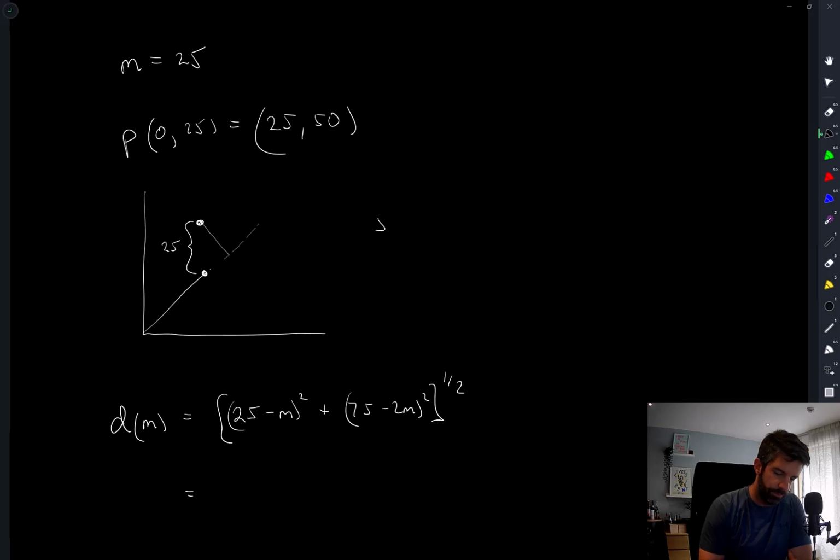What is root 53 times 2? It's greater than root 50 times 2, which is 2 times root 2 times 5. Which is also less than 25.